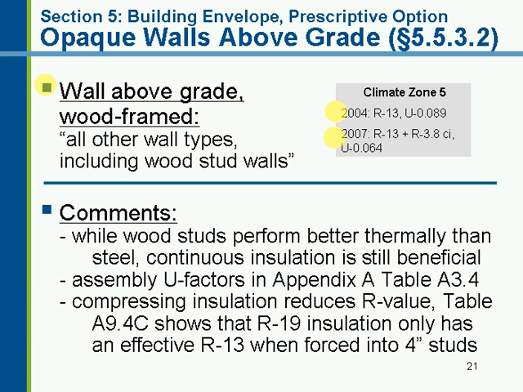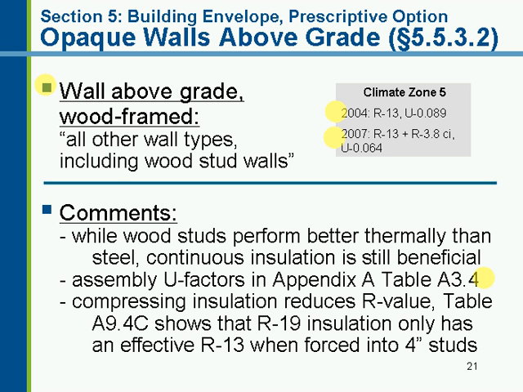So the wood studs, for example, have an R value of about R1.25 per inch. And batts are typically R3, R3.3, R3.8, so better than the wood. So here it's also a good idea to go with continuous insulation. If you want to use some alternate assembly, look at table A3.4.